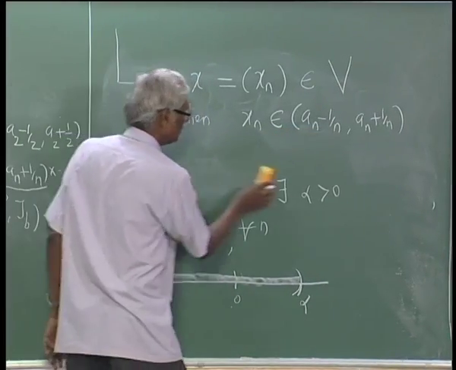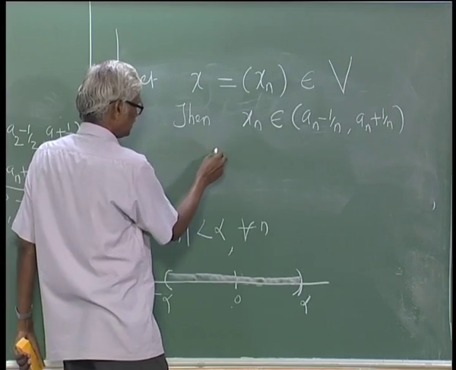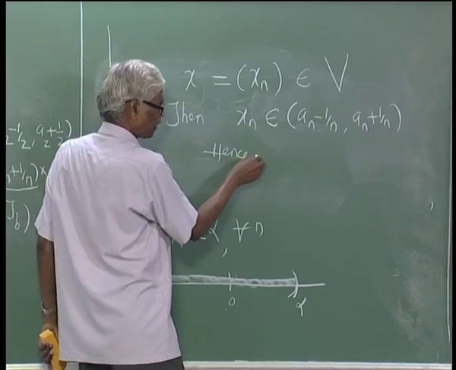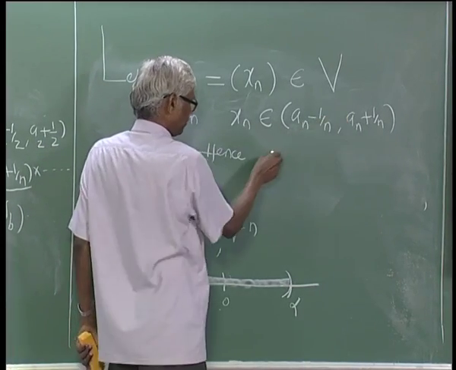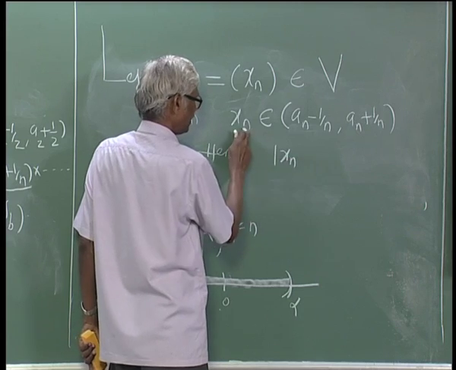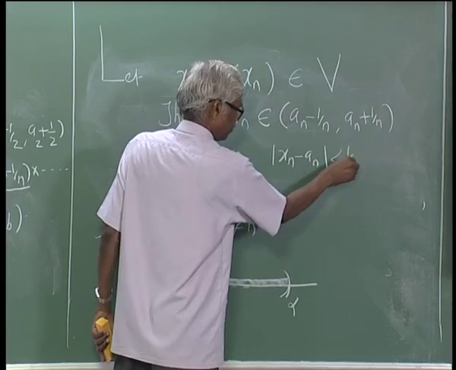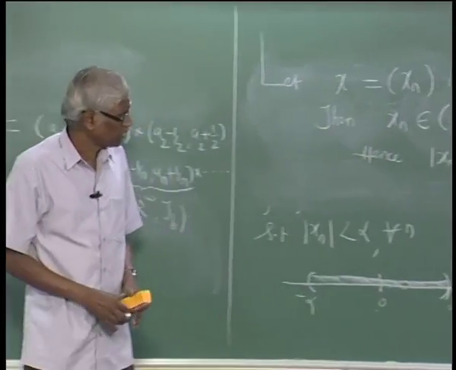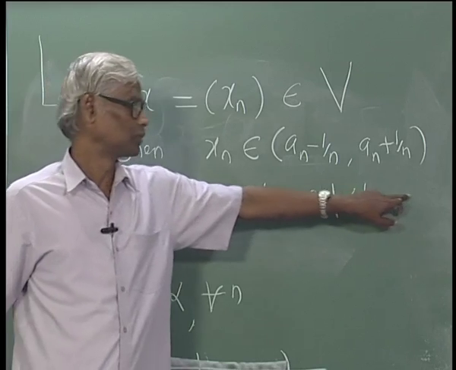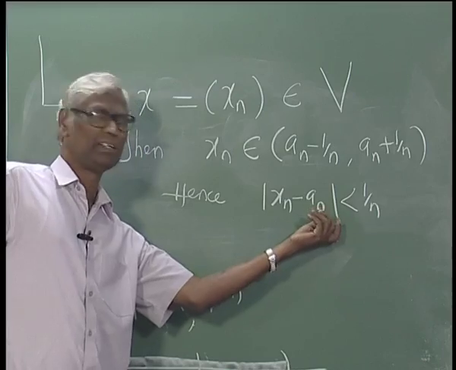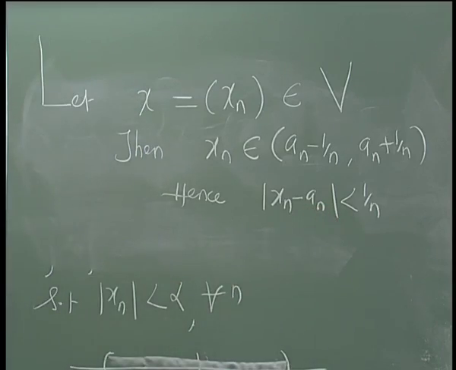Hence we have the distance, mod x_n minus a_n is less than 1 by n. In fact, when n tends to infinity, this goes to 0. Even without knowing convergence, intuitively we feel that x_n and a_n come closer.